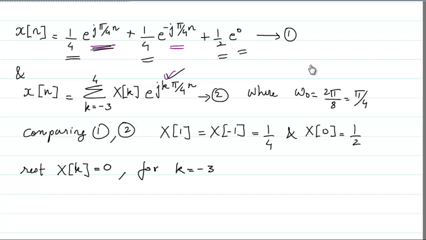So minus 3, minus 2, minus 1 we have used, 0 we have used, 1 we have used, 2, 3 and 4. So that is how, using the comparison method, we can find out the DTFS for the special cases of sine and cosine signals. If you have to find the DTFS values of sine and cosine signals, this is the format, or the general method, that you use. Thank you.